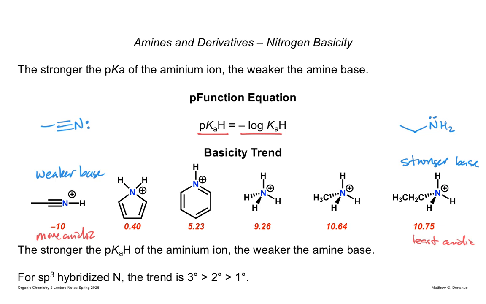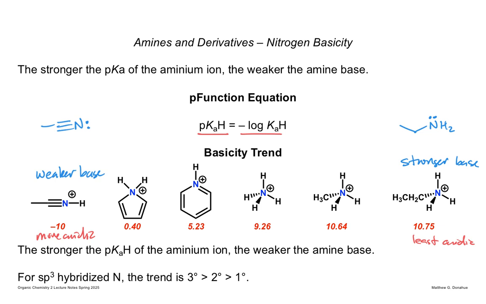So overall in this trend, as we can see, the three structures on the right, those carbons are all sp3 hybridized. So those are stronger bases. So imagine above here the neutral compounds. Those bases are all stronger than the sp2, than the sp.